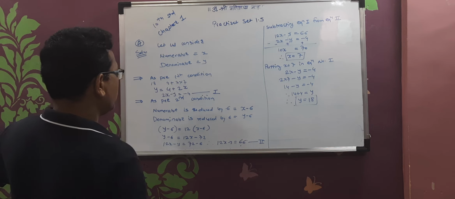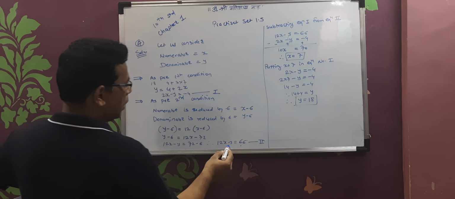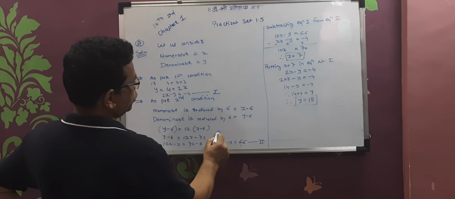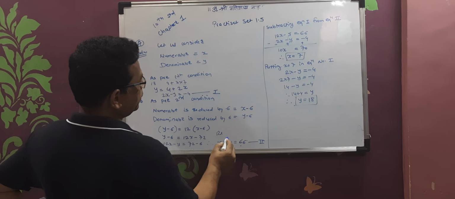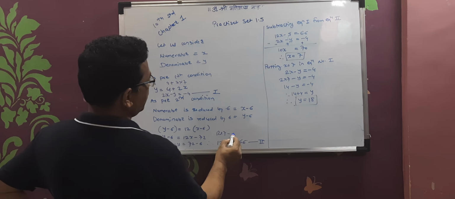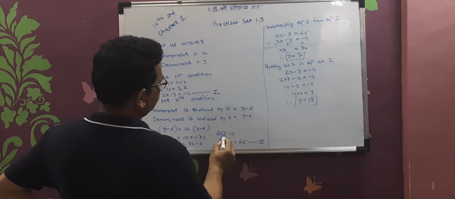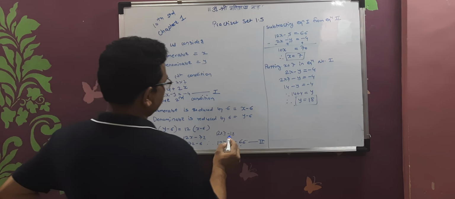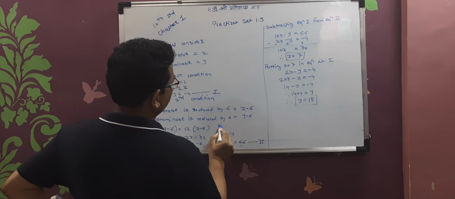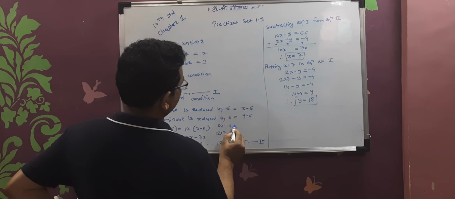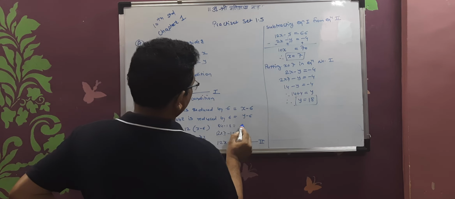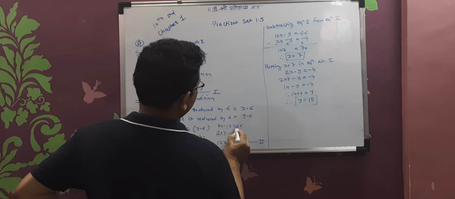Now we will check the other equation. If you want to see here, 12x minus y is equal to 66. 12 into x is 7 minus y is 18. So 12 7s are 84 minus 18. So this is 66, this is 66.